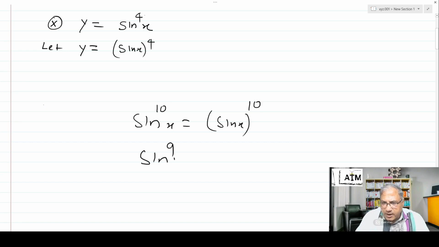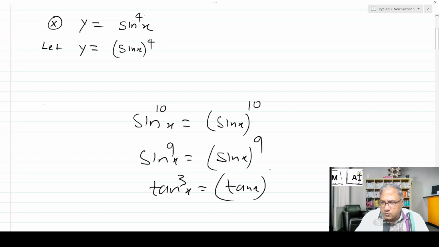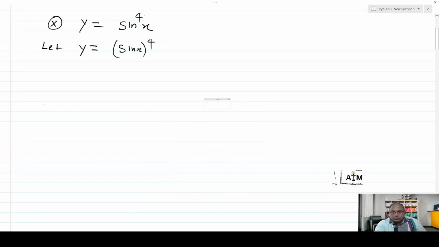Sin raised to 9x can be written as sin x whole raised to 9. Tan cube x can be written as tan x whole raised to 3. This is the way we can write. So to find dy by dx of sin x raised to 4, what we have done? y equals sin x whole raised to 4.